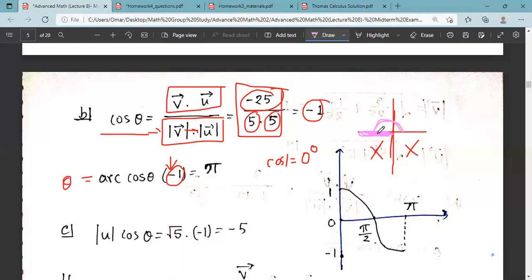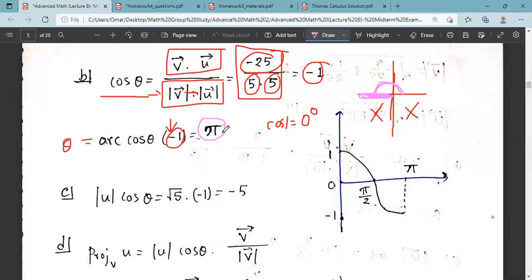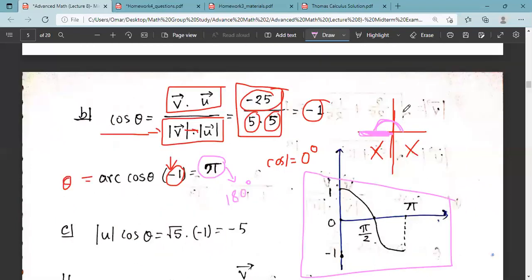So that's why arc cosine of -1 is pi. Guys, can you understand? Yes, correct, Amar. Pi means 180 degrees. Laushi tried to explain this another way, but I think this way is much simpler for me to understand.